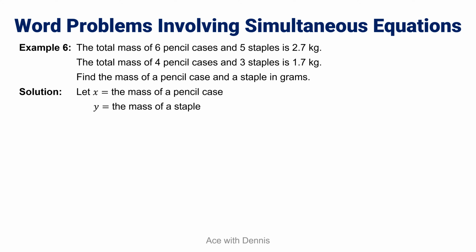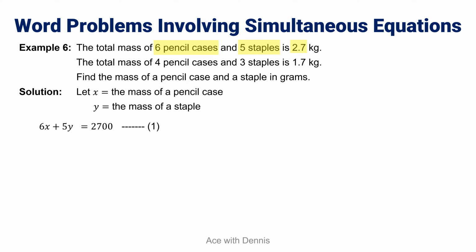For the first sentence, 6 pencil cases and 5 staplers, we write 6x plus 5y. It is 2.7 kilograms, which equals 2,700 grams. You can see I have changed the kilograms to grams because at the end my answer must be in grams.